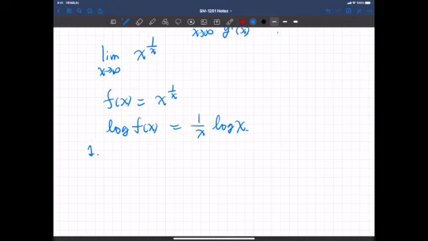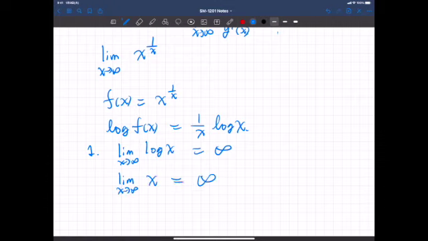First, if we take the limit x going to infinity of log of x, this diverges to infinity. And the limit x going to infinity of x is also infinity.